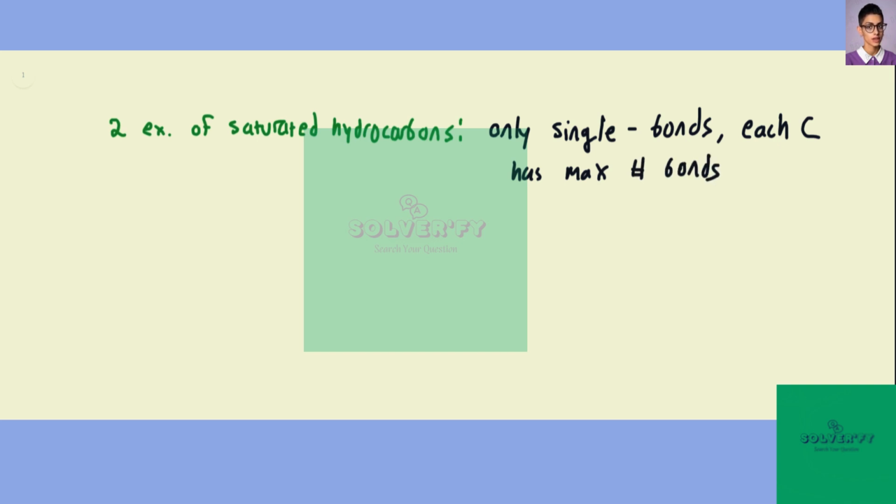So to give an example of this, I'm going to just say ethane is an example of a saturated hydrocarbon. The formula for ethane is C2H6, and it's basically two carbons that are bound together and then each to three other hydrogens.